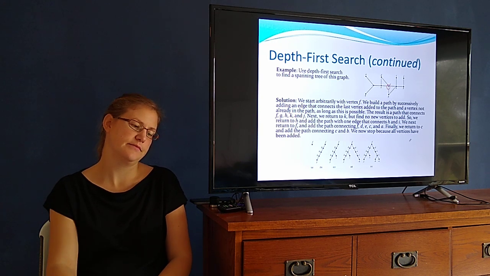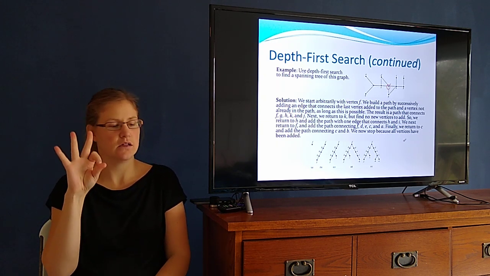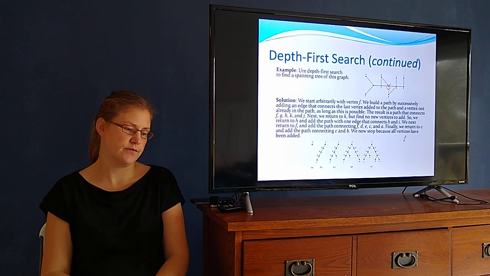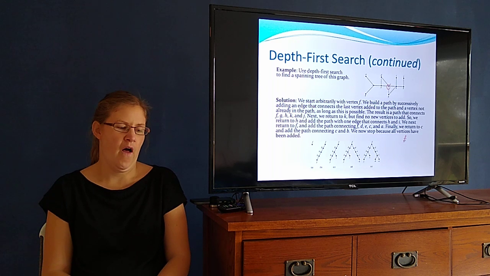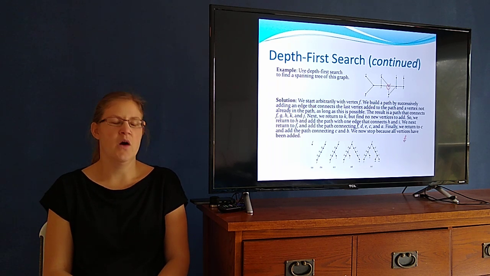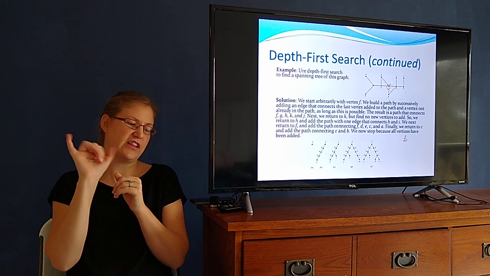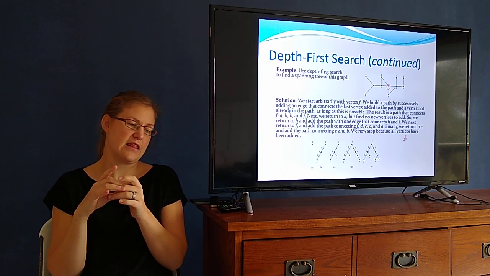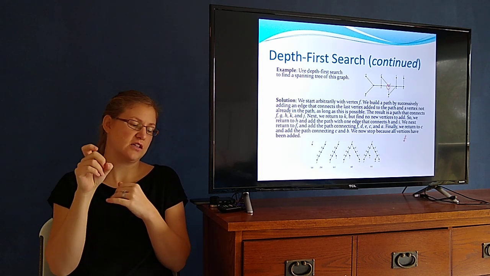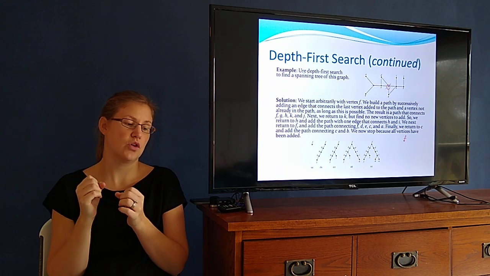So let's start with F here. Okay. So we build a path by adding an edge that connects the last vertex, which is F here. You can go to either direction.